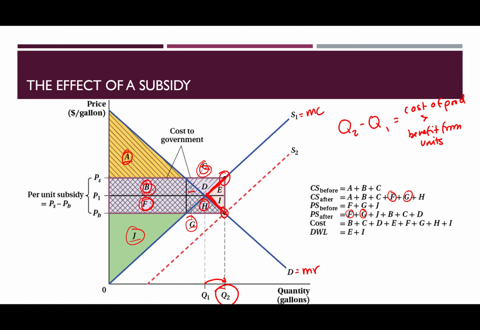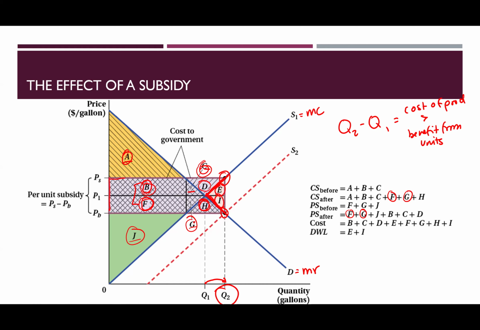Last thing we need to look at is the cost to the government. So the government is again allowing this overproduction to occur. It's allowing for consumer and producer surplus to overlap. So the cost to the government is going to be the areas of overlap, so B and F, as well as C and G. And then it will also be area D, H, E, and I, right?